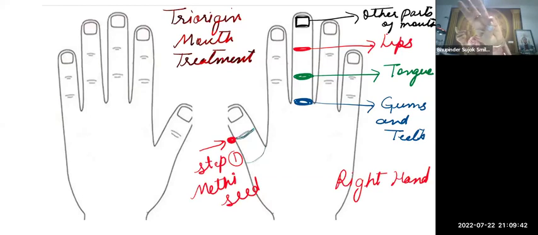So in the left hand, you can do this little finger tip touch mudra, and in the right hand, the middle finger middle joint mudra. Just do a little meditation in calmness, invite calmness in your body, and you will see immediately that taste is coming. Many people have experienced this. So this is how it works in Triorigin.